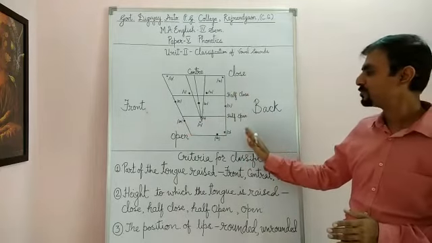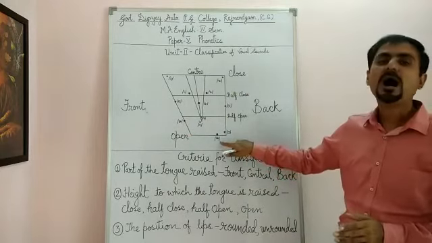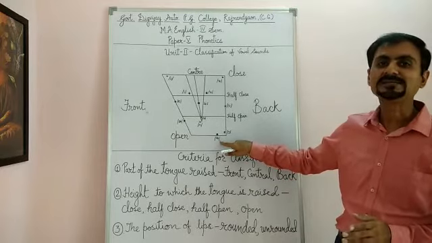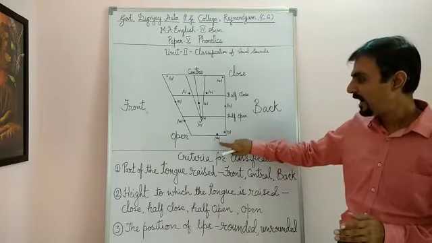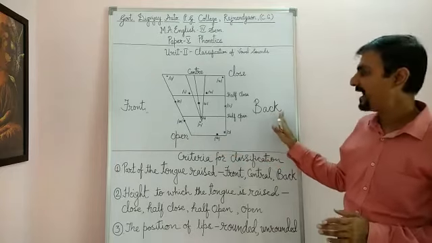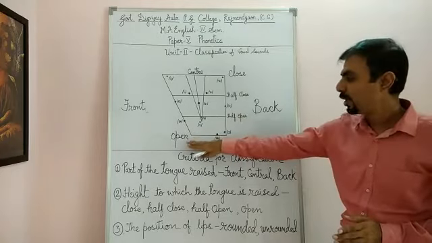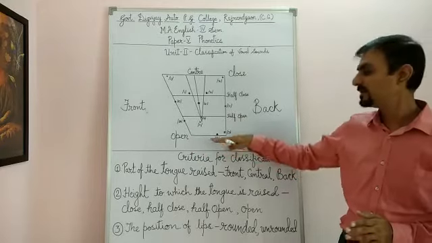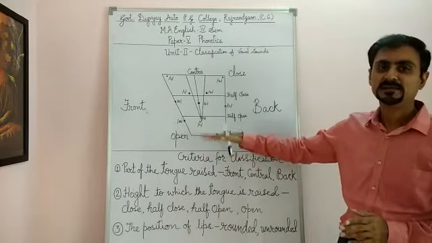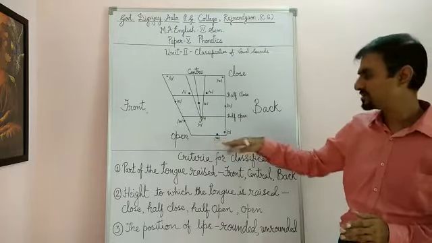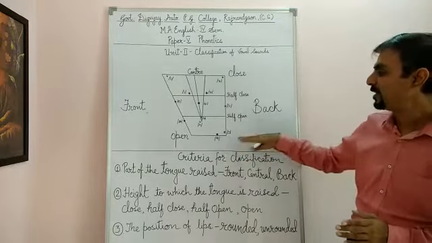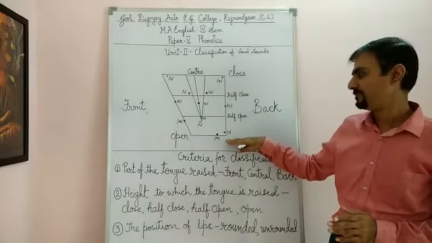Now we come to the back vowels. A as in bath, A as in fast, A as in class. A is a back vowel. It is open because it lies exactly on the open line. Means the position of the tongue is lowered at its lowest point. So we can define it as a back, open, unrounded vowel.